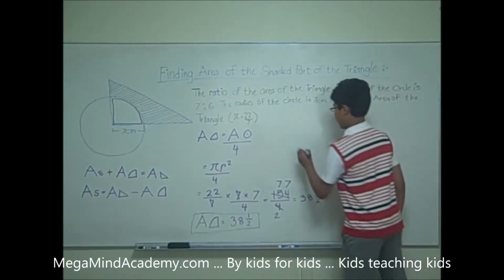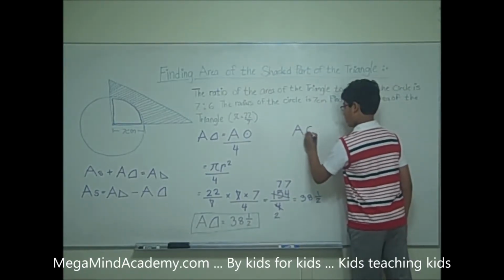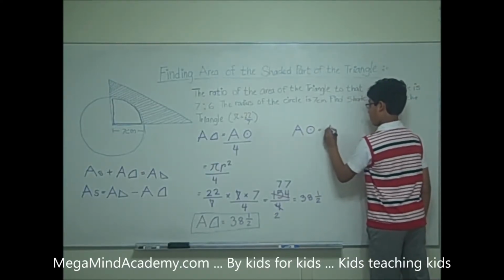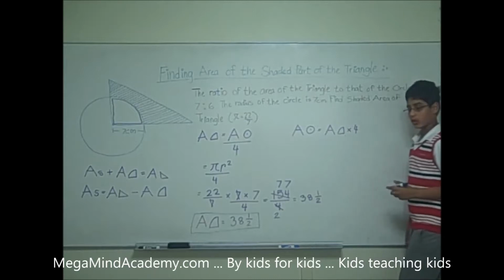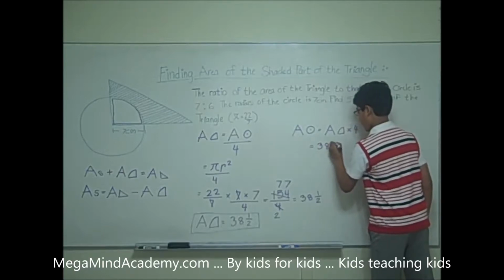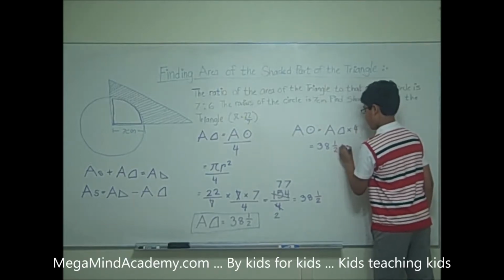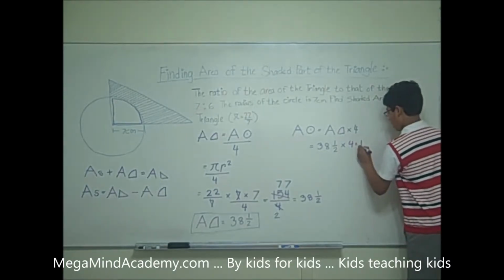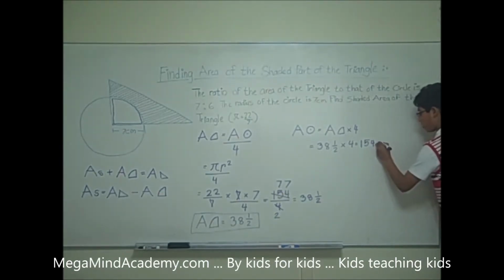The area of the circle is equal to the area of the quadrant times 4, which is 38 and a half, not a fourth, a half, times 4, which is equal to 154 centimeters squared.